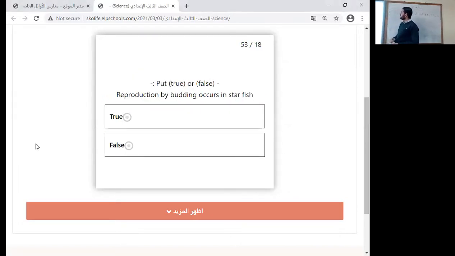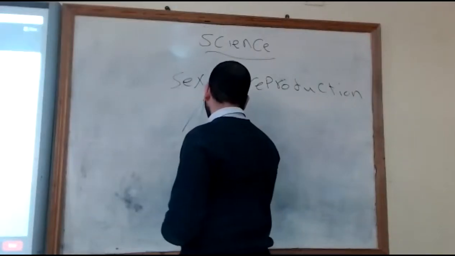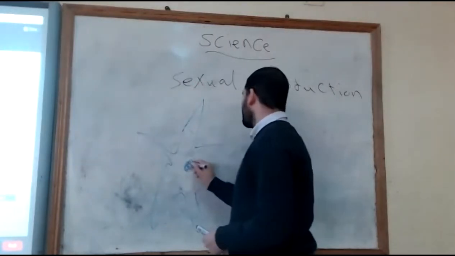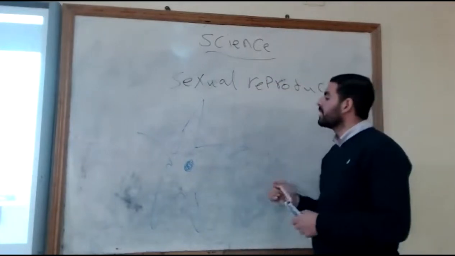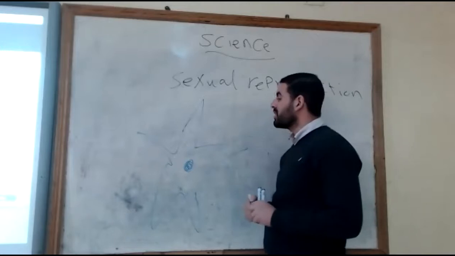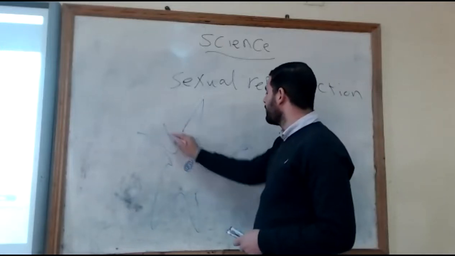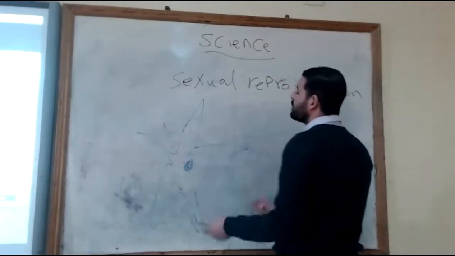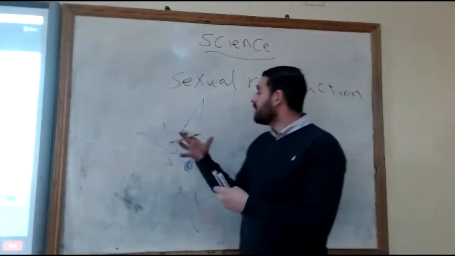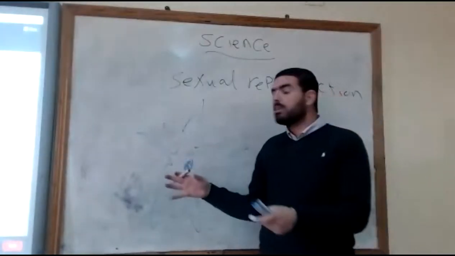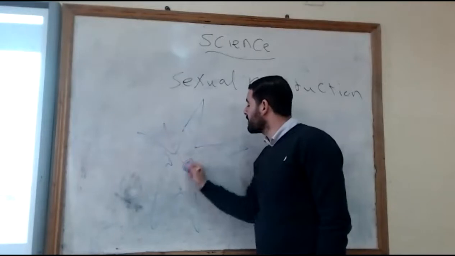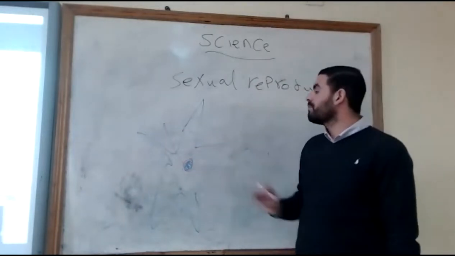Reproduction by budding occurs in starfish? No, the answer is false, because starfish is the most common example of reproduction by regeneration, in which if a part of this living organism is cut, this part can reproduce, forming a new complete animal by regeneration, especially if it has a part of the central disc, which contains the genetic material.